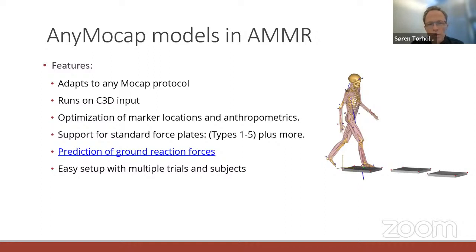And it supports standard force plates of type 1 to 5. This type setting is normally part of the C3D file when it's exported. But if force plates are not in your lab setting, it's also possible to predict the ground reaction forces. I will show you examples of that. And with these models, it's easy to handle multiple subjects and multiple trials.